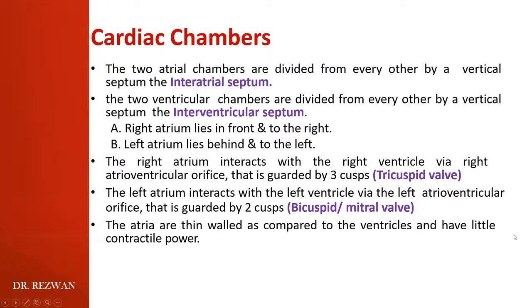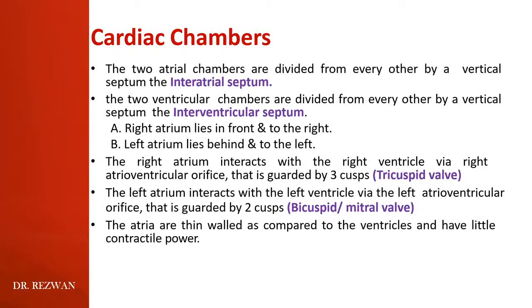Now what about the cardiac chambers? The two atrial chambers are divided from each other by a vertical septum called the interatrial septum. The two ventricular chambers are divided from each other by a vertical septum known as the interventricular septum. So atria and ventricles are separated by the septa. The right atrium lies in front and to the right, and the left atrium lies behind and to the left.